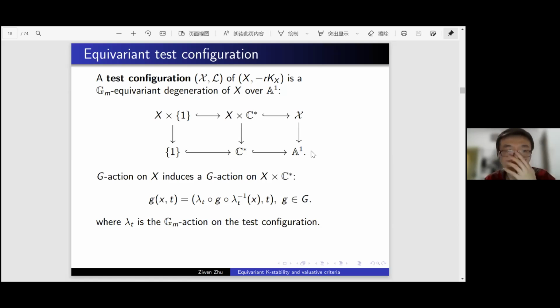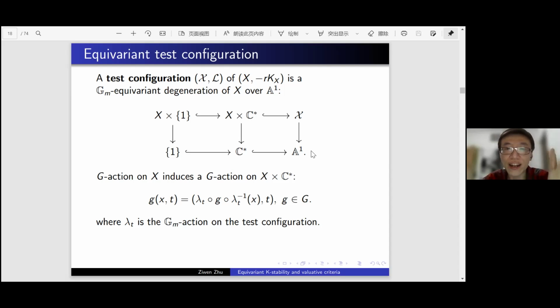And then if we have a group action G on X, we can talk about the concept of equivariant test configurations. First of all, if we have a G action on X, we can induce a G action on X cross C-star. So outside the central fiber of the test configuration, we have a natural induced G action.